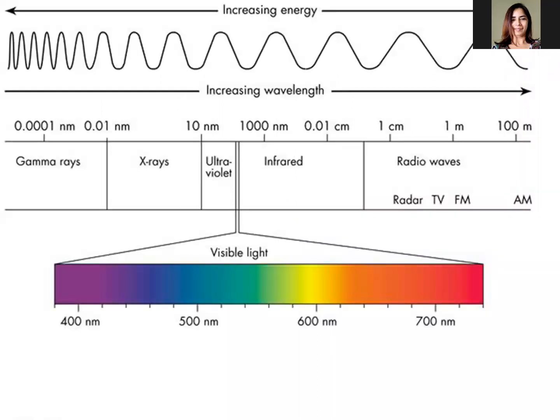Come to the electromagnetic spectrum. The arrangement of all types of electromagnetic radiations in order of their increasing wavelength or decreasing frequencies is known as electromagnetic spectrum. The visible spectrum represents only a portion of the electromagnetic spectrum.